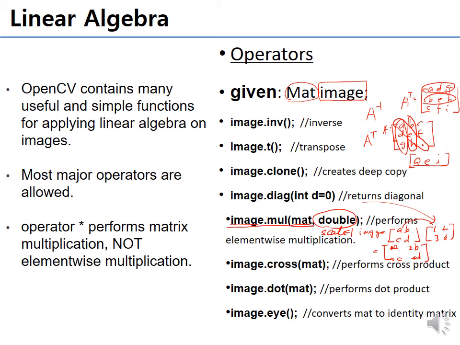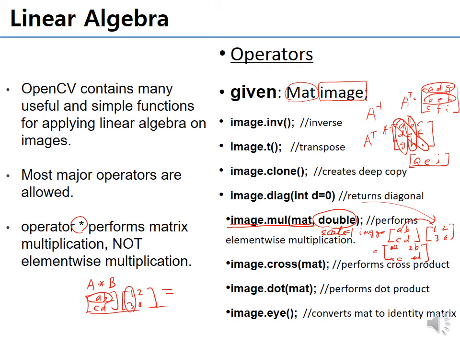And this is different from the operator star. So A star B, with A, B, C, D and 1, 2, 3, 4, is matrix multiplication.